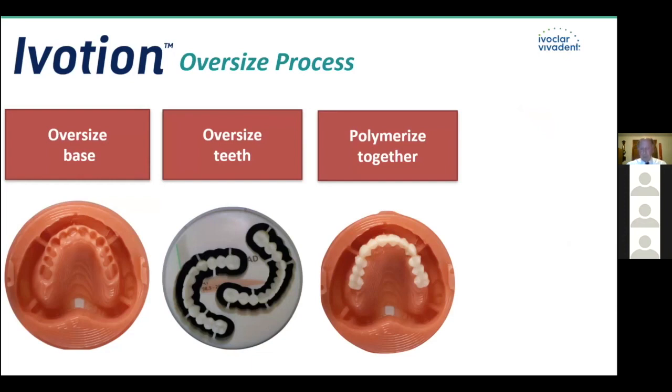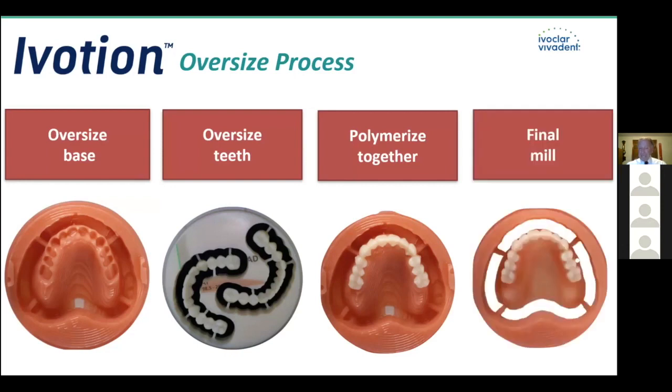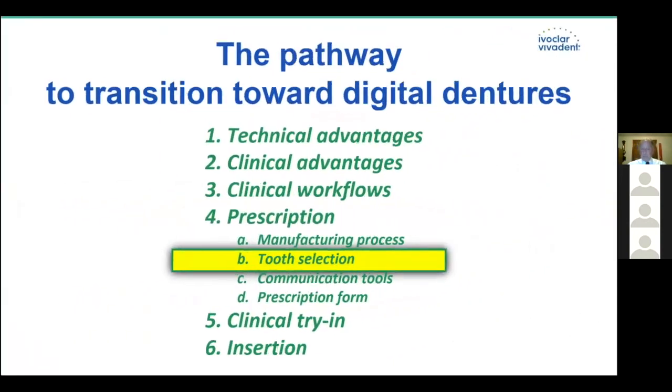Once they're polymerized together, they're put back into the mill to do a final mill. So when it comes out, that interface is virtually non-existent because it's so well taken care of with that final mill. There's no cleanup, no extra material, no chance of sloppiness of any sort. And it's an excellent material, especially for situations where we can't use the Ivotion disc.